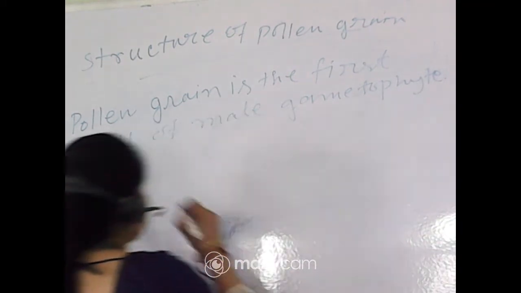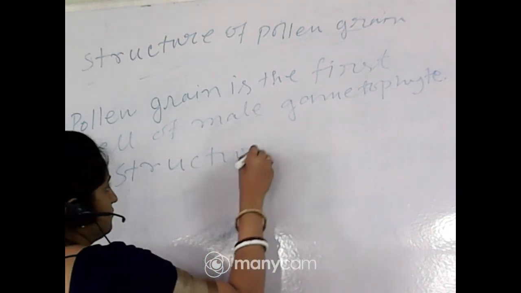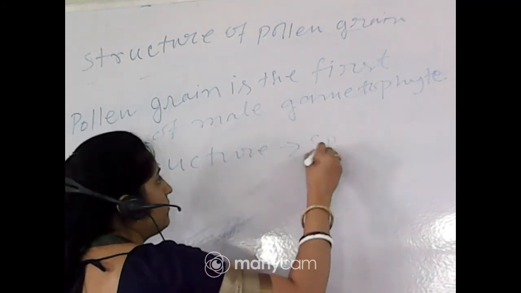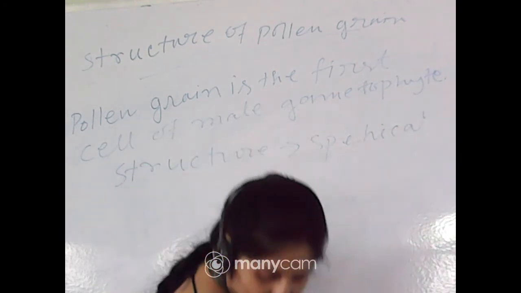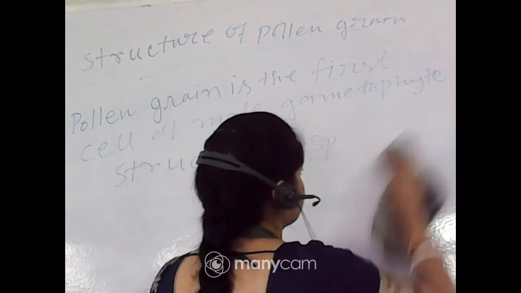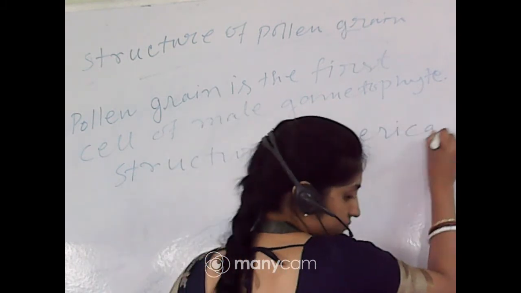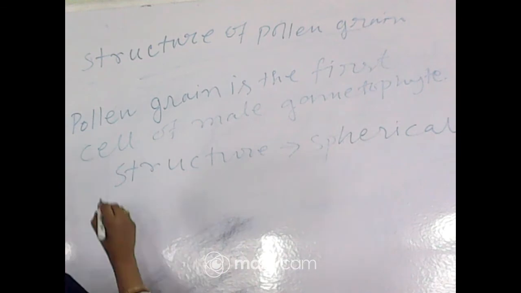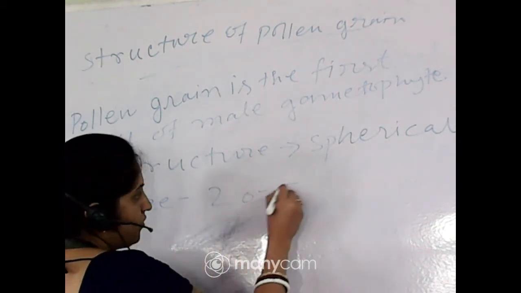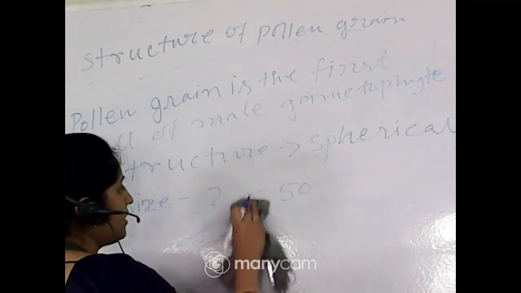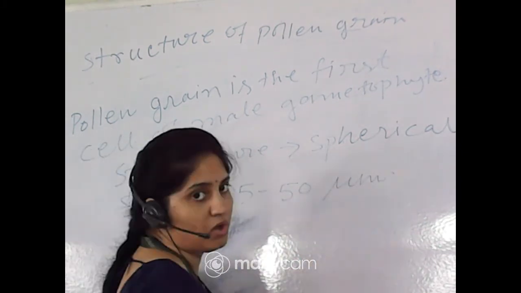Structure: spherical, round shape. Size: 25 to 50 micrometer, very small.